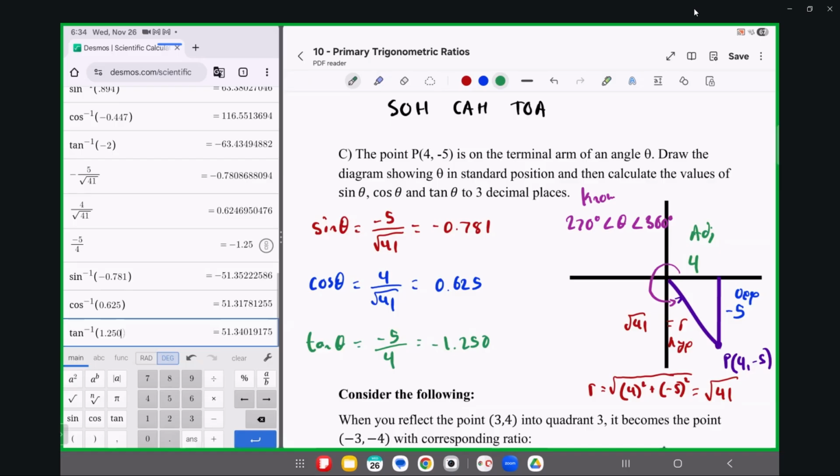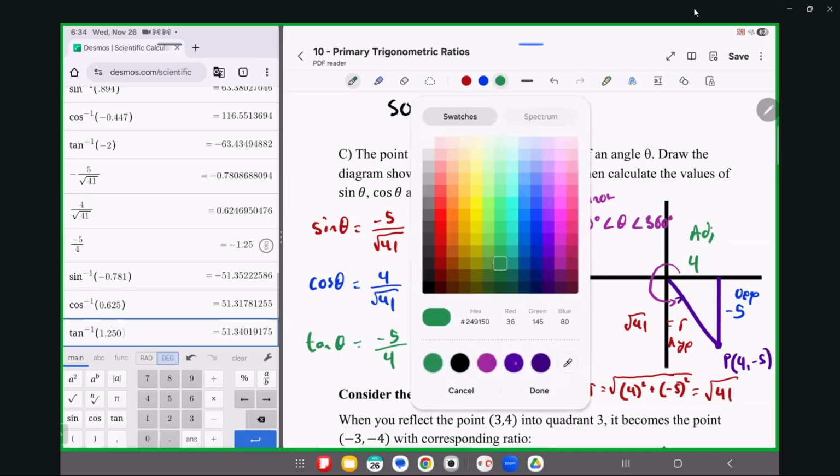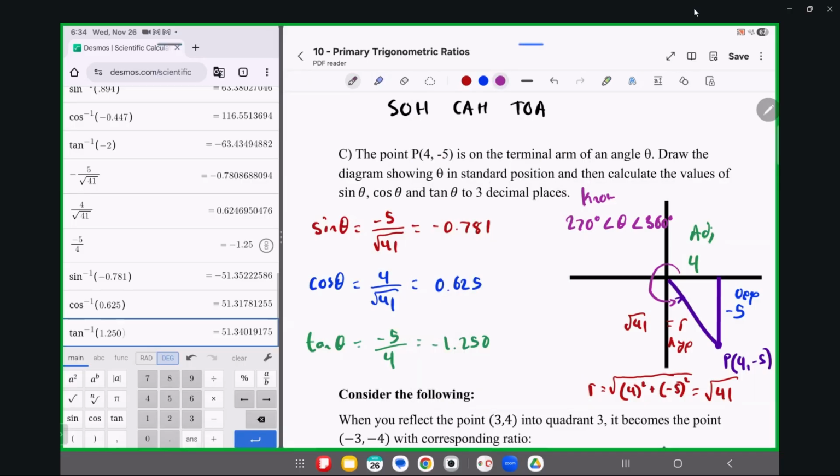Because we know that the answer has to be between 270 and 360, because if we're talking about an angle in standard position, this would imply that the angle should be between 270 and 360 because it's a quadrant 4 angle.